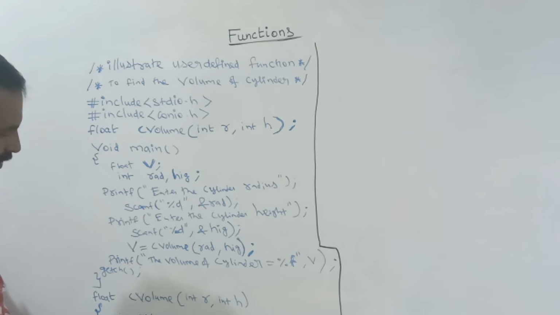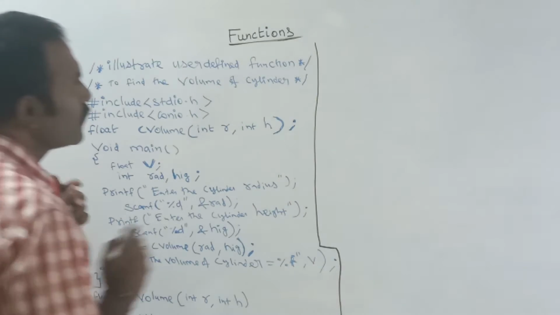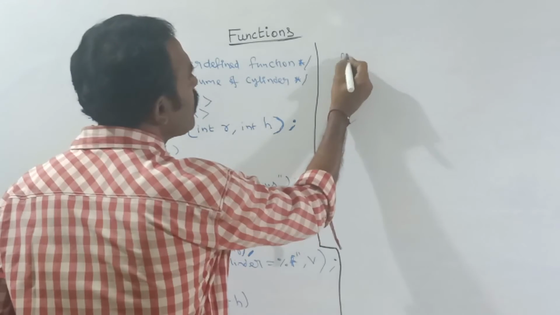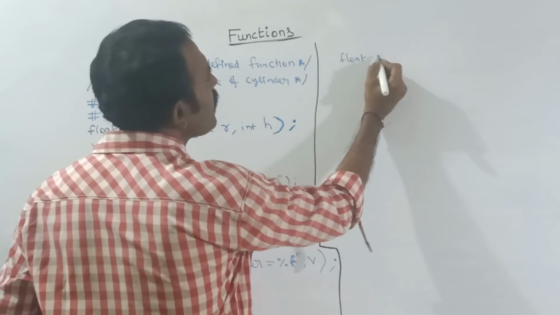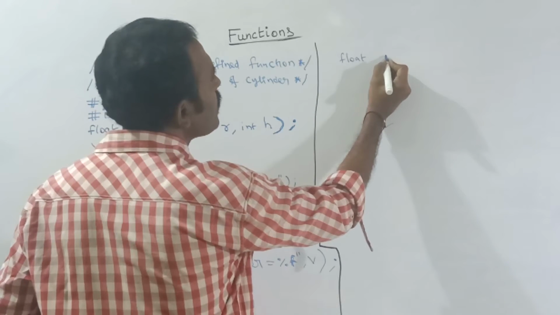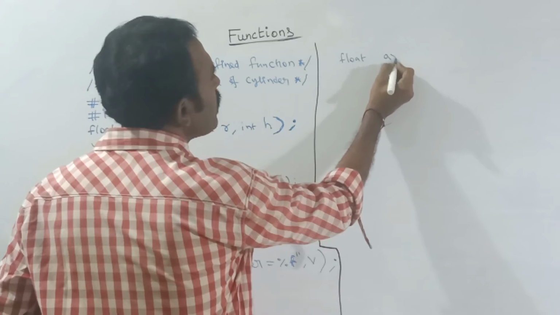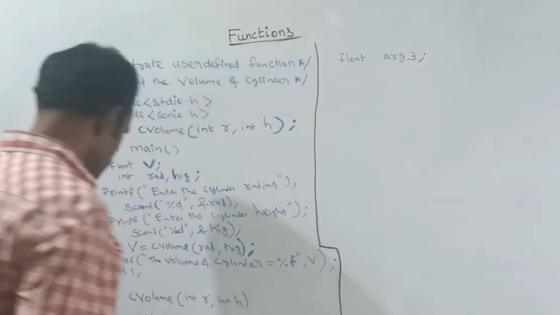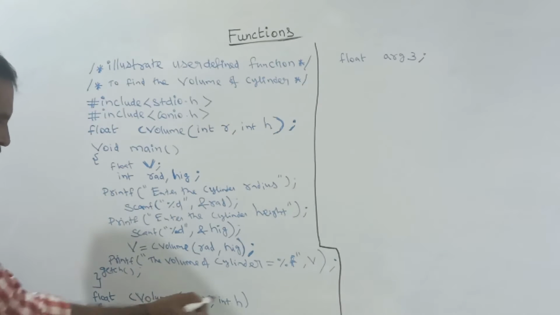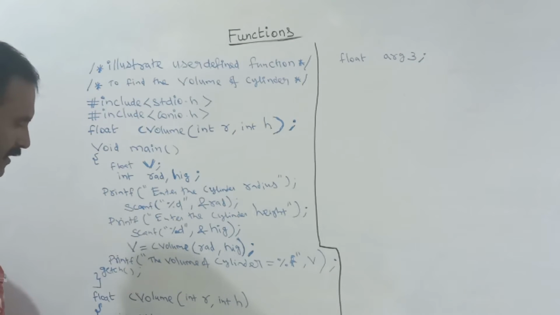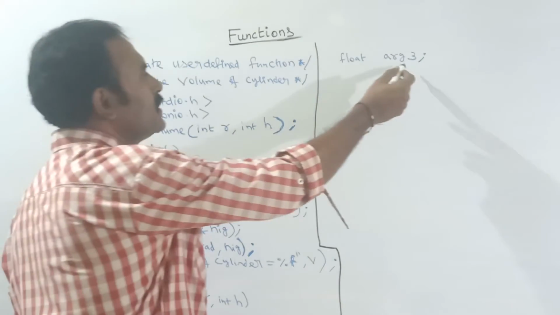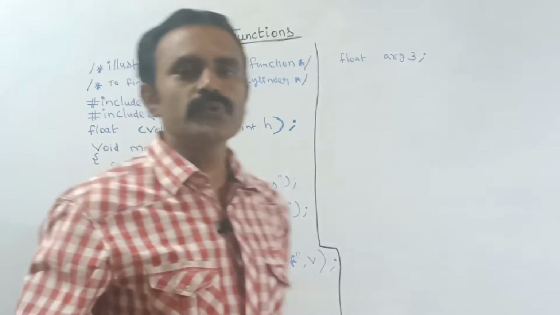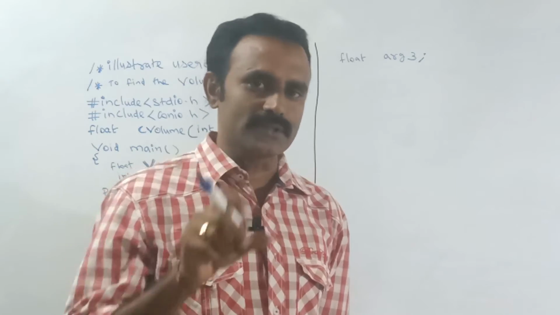After that in float, I am declaring arg3. See, this is the user defined function definition. In integer I am declaring arg1 and arg2. Next float arg3. These arg1, arg2, arg3 are all variables.